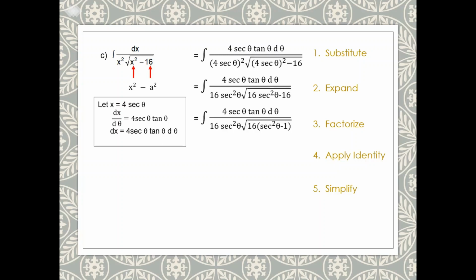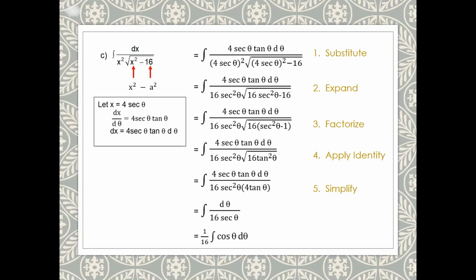Next, expand the expression with the power and factorize the expression inside the square root. Then, apply the relevant identity. Here, secant squared theta minus 1 is equal to tangent squared theta.